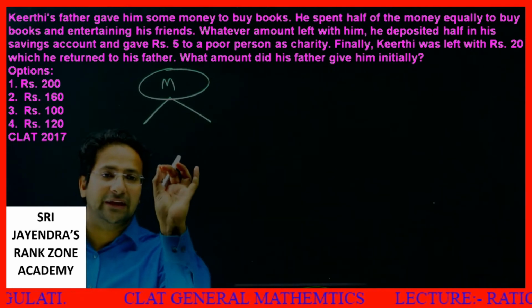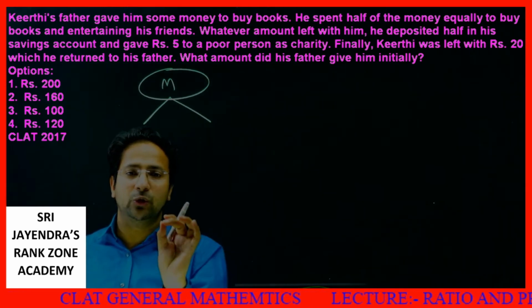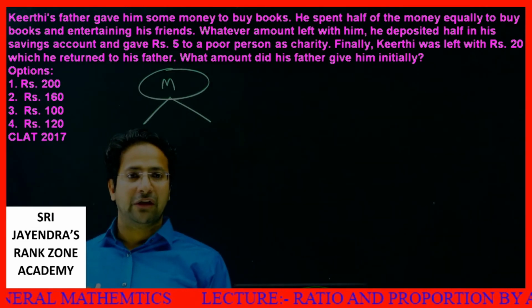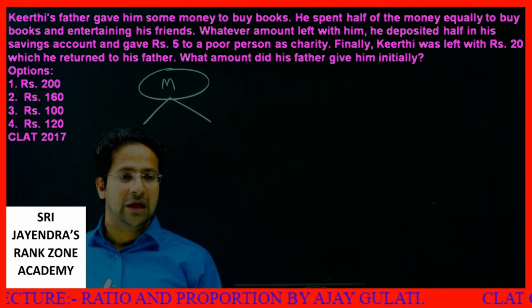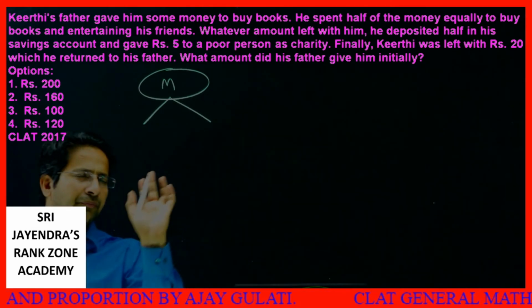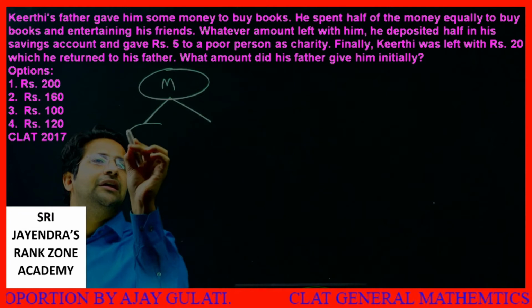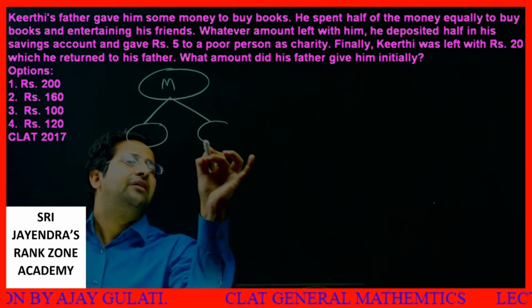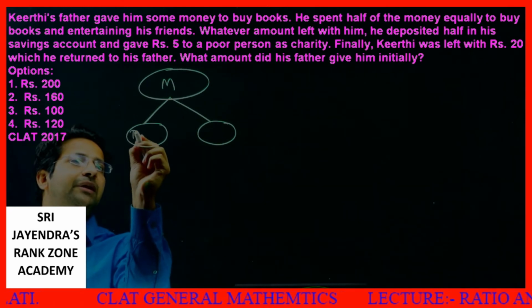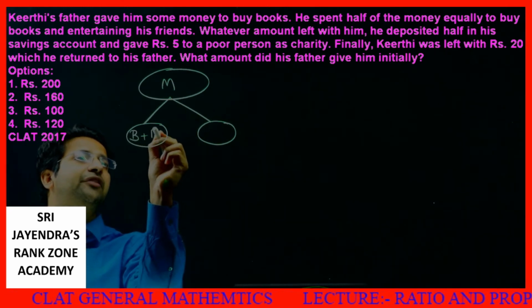I repeat again, he spent half of the money equally to buy books and entertain his friends. Whatever amount was left with him, he deposited half in his savings bank account. Look, what he did is half here, half here. Half the money he spent on books plus friends.